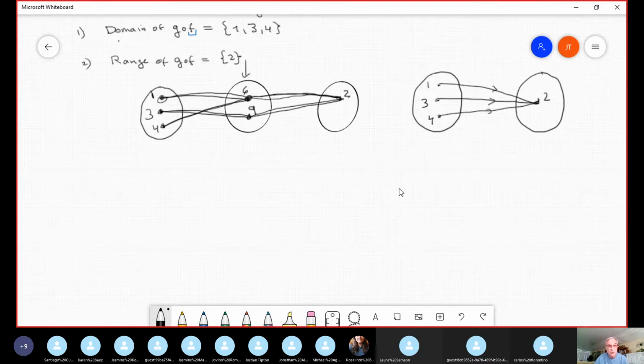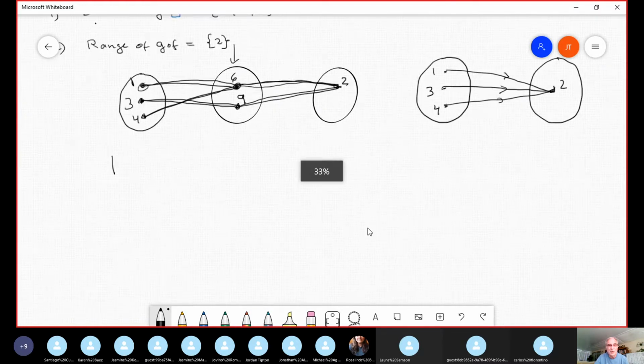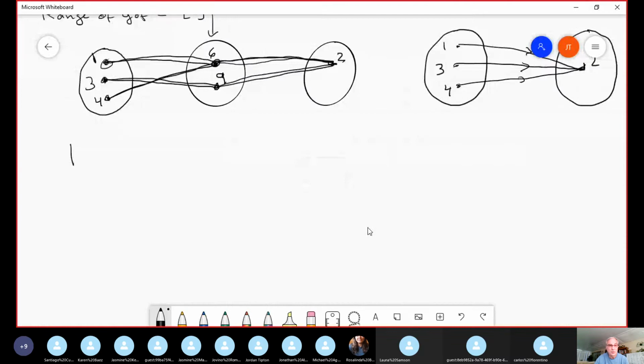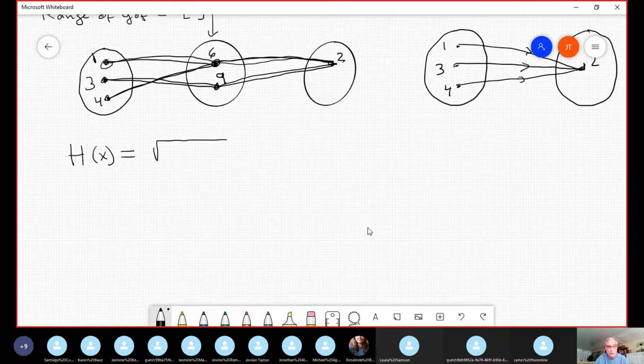Okay, suppose we have one function. Again, we practice a little bit about composition, but from another point of view. Suppose we have capital H, which is the square root of 5 minus 4x.